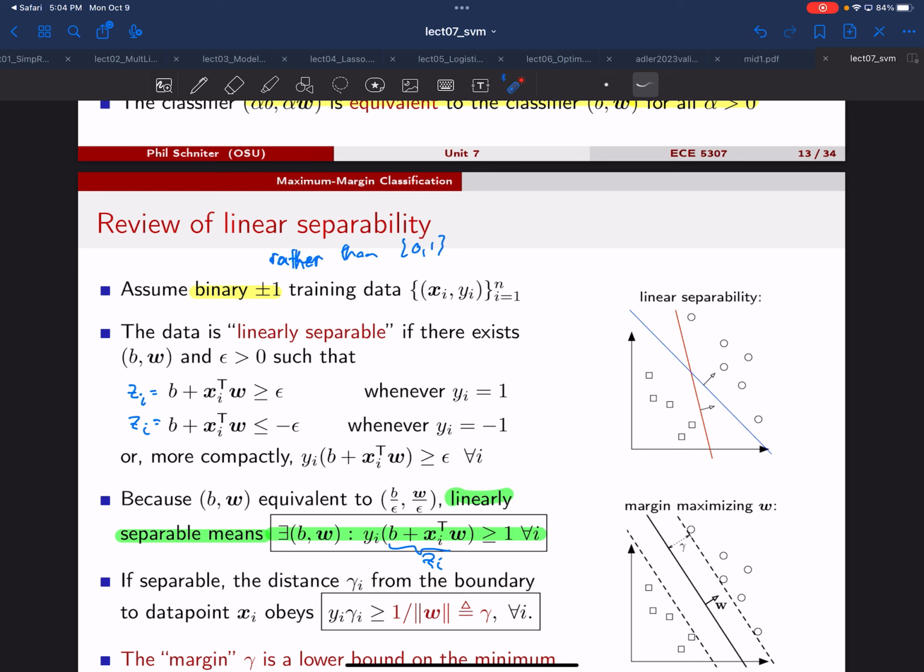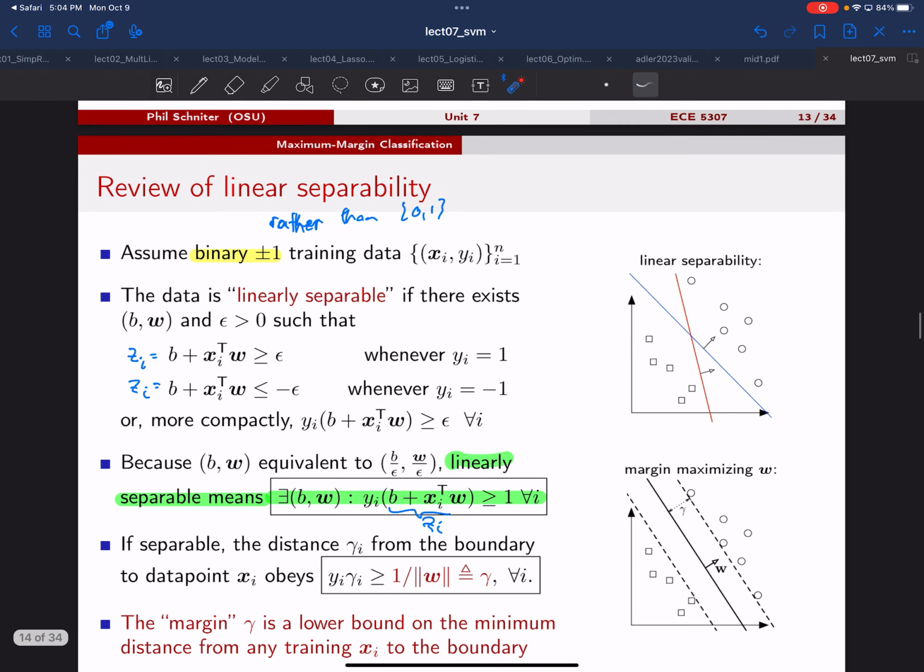Now you have a sign-corrected signed distance that should be greater or equal to 1 over the norm of w for all your points.